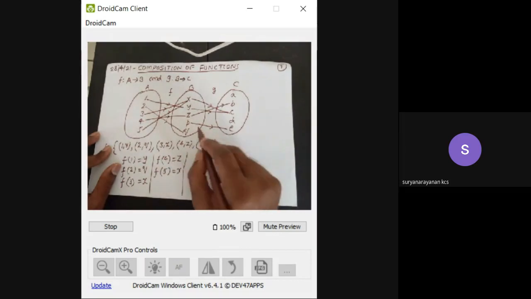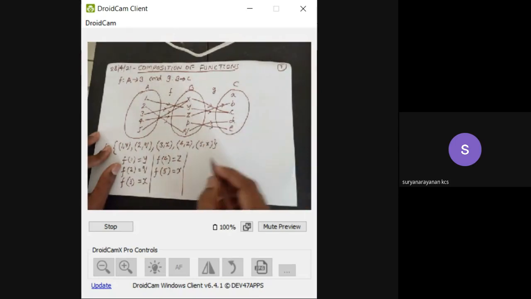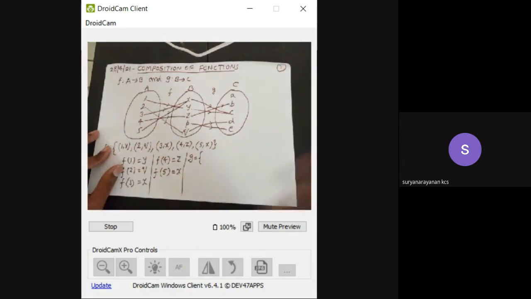Q is associated with d. Then can you tell me the function g as a set of ordered pairs? Kiran Raj.